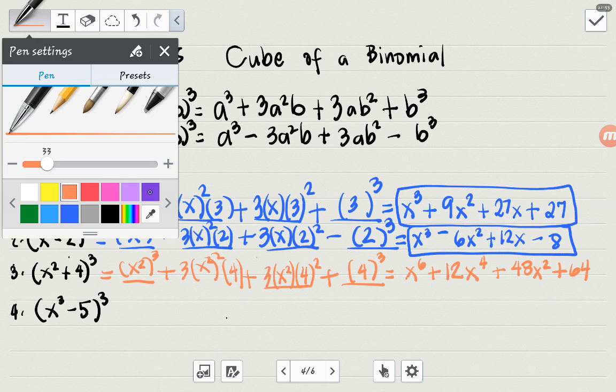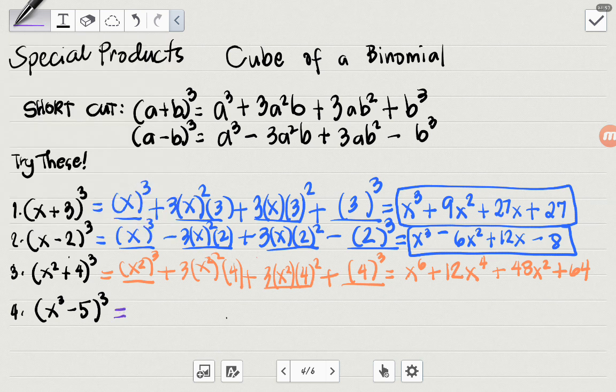Last number 4 is cube of x cube minus 5. So again, this is minus. So you have to take note of the sign na mag-separate sa apat na terms natin. Dahil ito ay minus, so minus plus minus. Cube ni x cube.